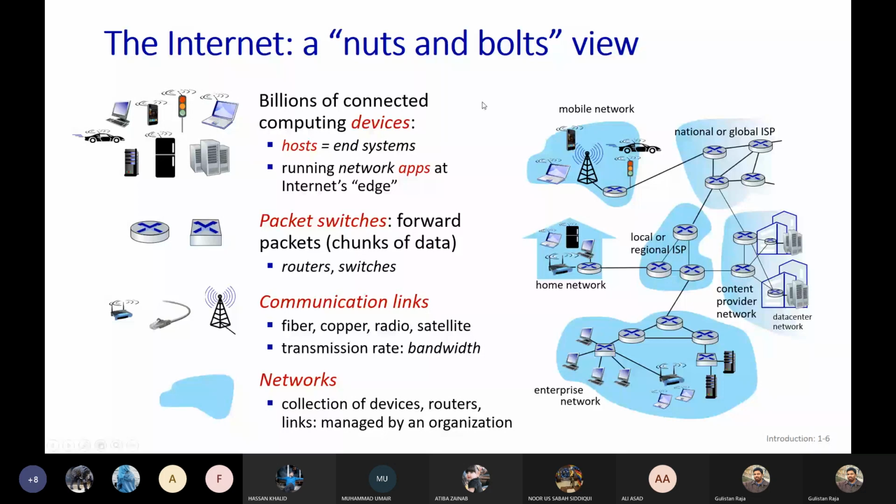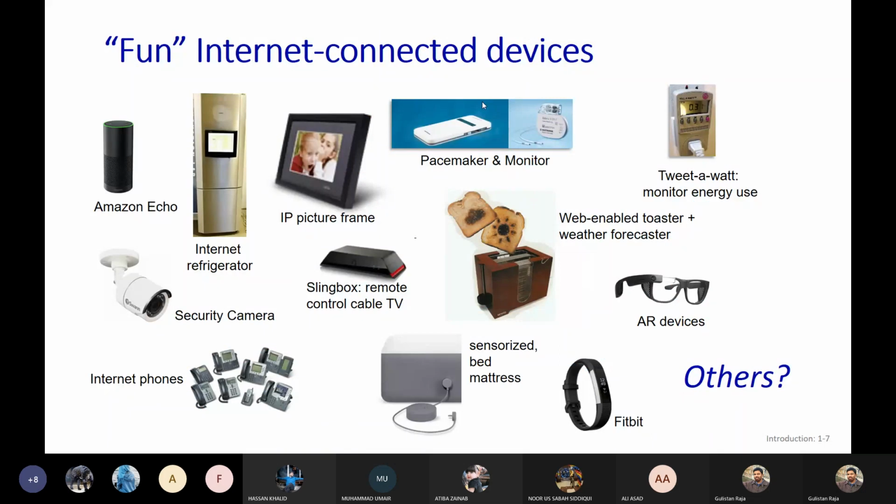So these are some interconnected devices, various devices you see here. Normally, our minds do not go to these devices as being connected to the internet. But you can have, for instance, an IP picture frame, which can change pictures.